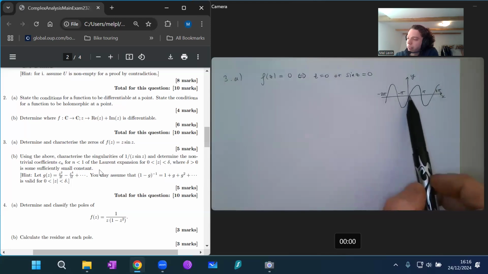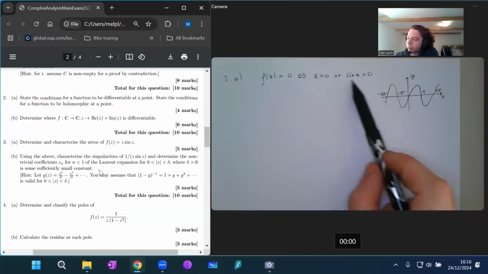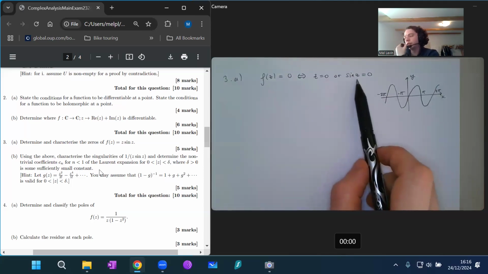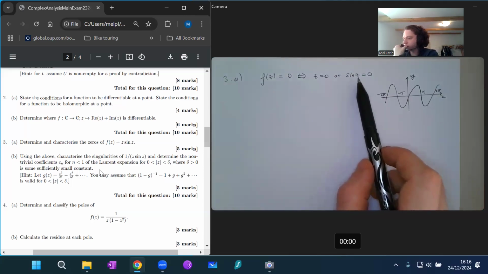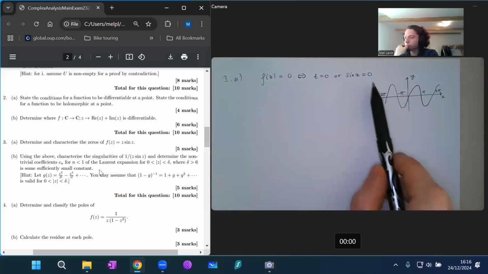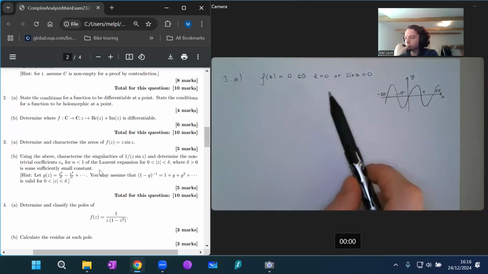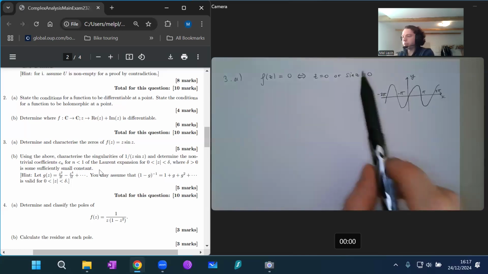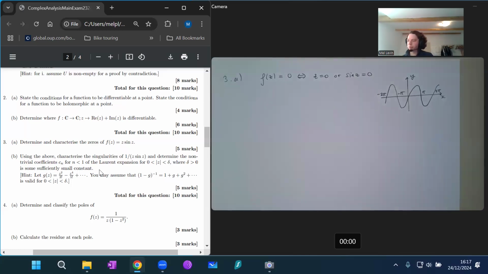In fact, the only zeros of sine z are when z is real and equal to a multiple of pi. Let's go through it one more time, because first of all, I'm starting to doubt myself a little bit.